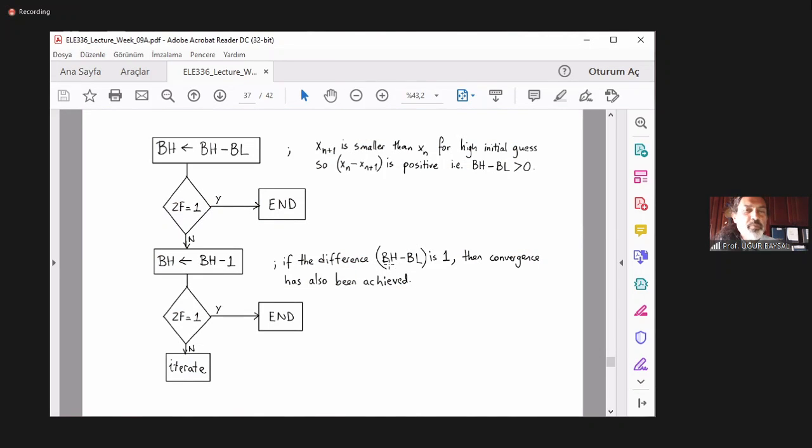If the difference BH minus BL is 1, then convergence has also been achieved. Why? Because, as I said, the square root of 20 is between 4 and 5. So if your iteration gives 4, the next iteration will give 5.